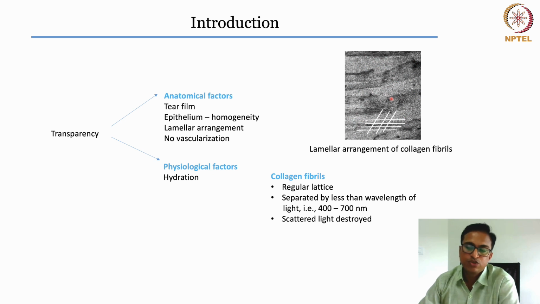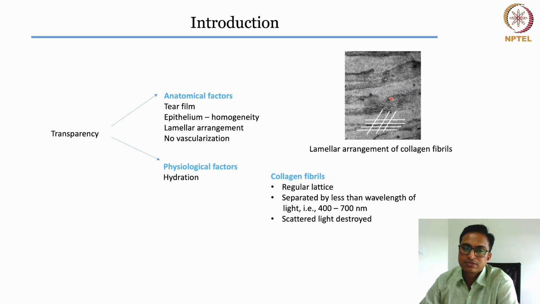The other thing is there is no vascular tissue, no vascular network within the cornea. That also helps in corneal transparency. If the cornea becomes vascularized, then people go blind because of this vascularized corneal tissue.